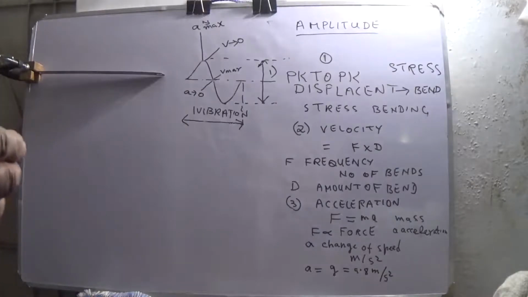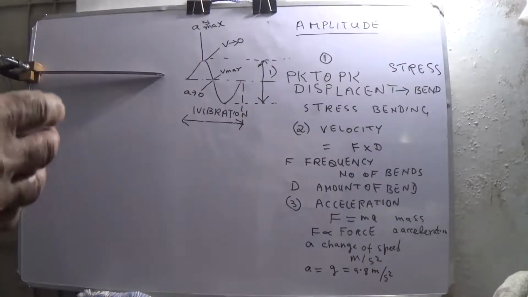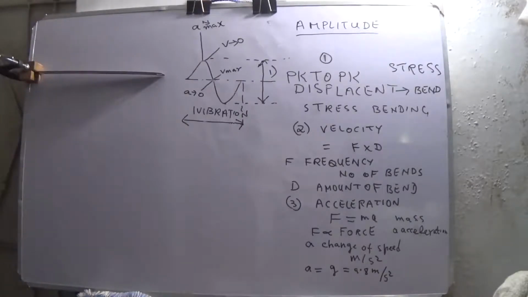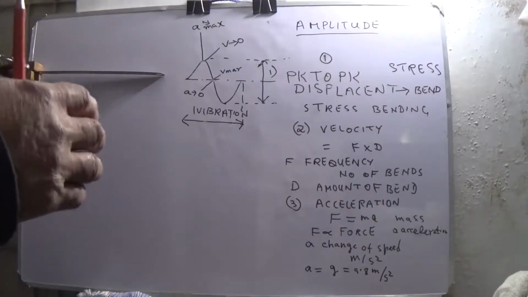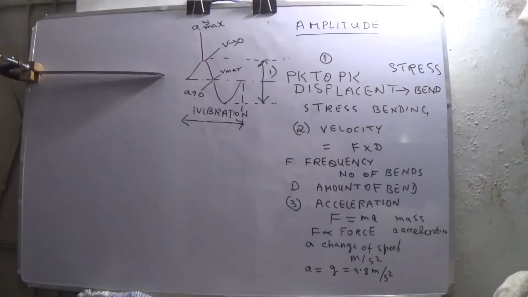Now I give you an example of how acceleration creates force. When you are going in a car and you apply the brake, you will be pushed forward. In the same way, when you are increasing your speed, you will be pushed backwards.